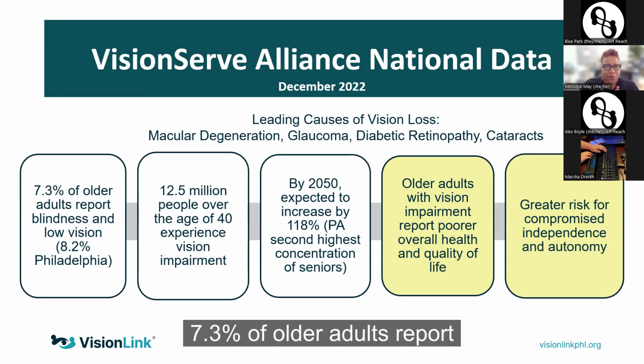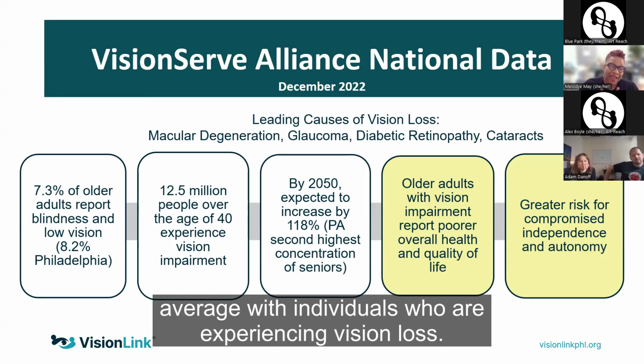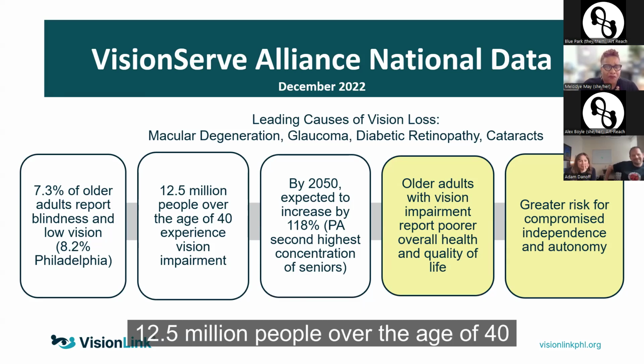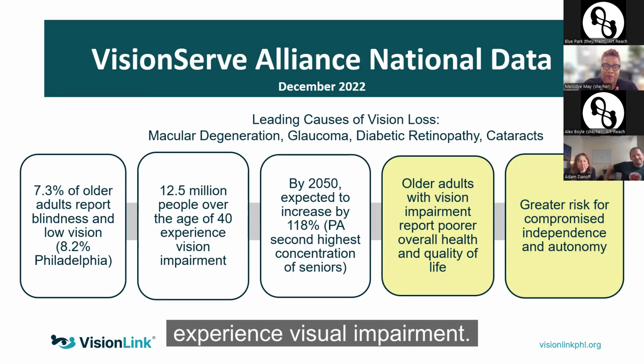7.3% of older adults report blindness and low vision. It's even higher in Philadelphia, 8.2. So we are outpacing the national average with individuals who are experiencing vision loss. 12.5 million people over the age of 40 experience visual impairment.